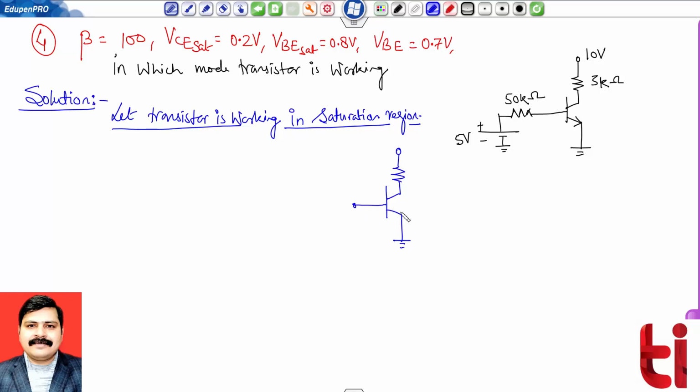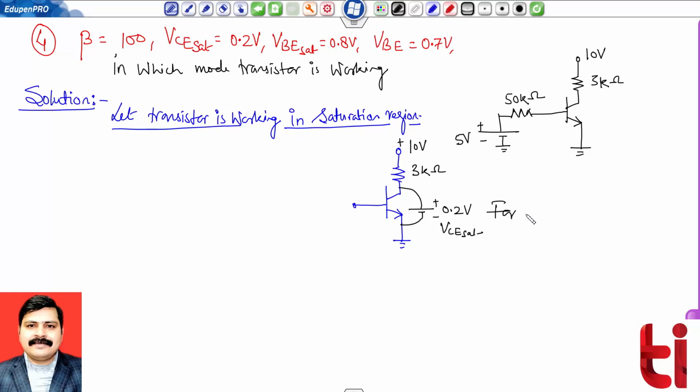I'm not interested in base for that. And now over here there is a supply given rather than a short value. A practical value of 0.2 volt is given. So VCE set is given, and it is 0.2 volt for saturation region.